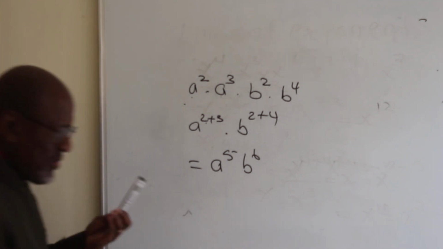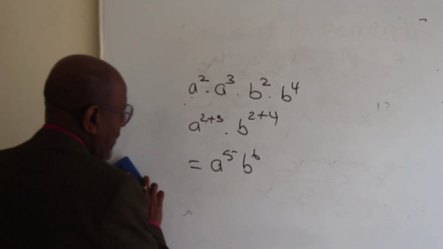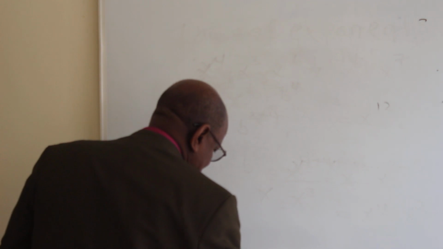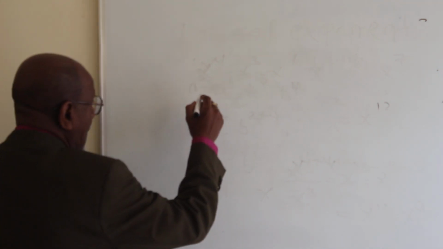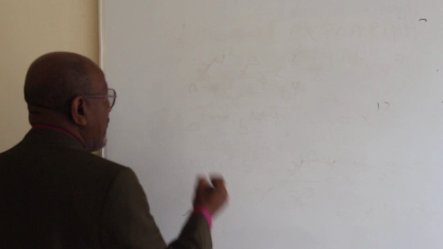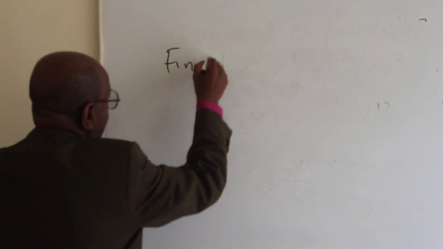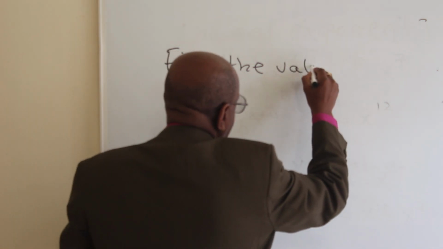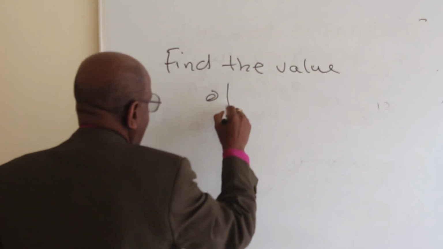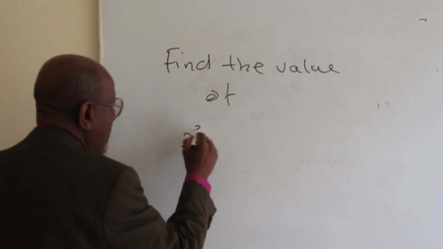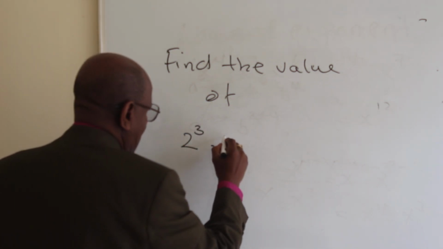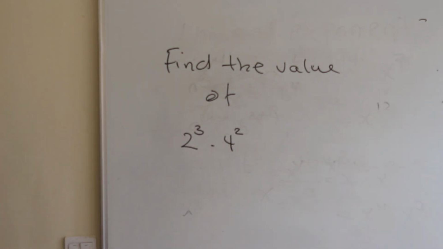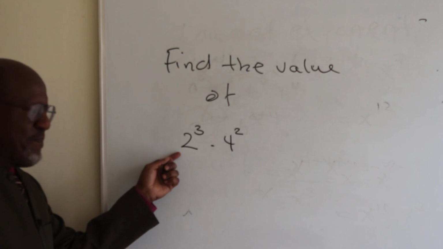So let's do just a few other problems. Suppose we have actual numbers. I want to simplify or find the value of 2 to the third power times 4 to the second power. What is that? Now 2 to the third power: don't make the mistake of saying it's 6.